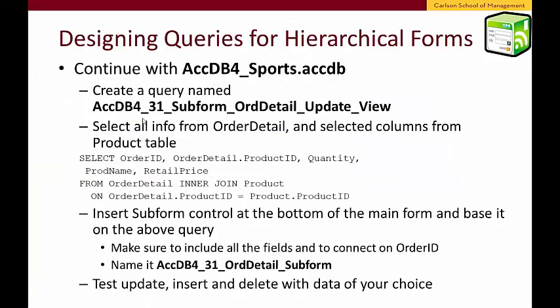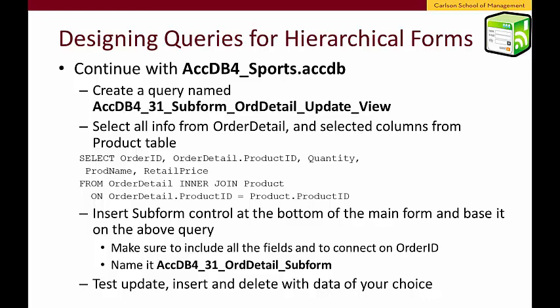Okay, we're going to continue with the same database, the sporting goods database, and we're going to create a query named ACCDB4_31 subform order detail update view for the subform of that main form shown on the previous slide. All right, we'll select all the info from the order detail and a few columns from the product table, namely name and price.